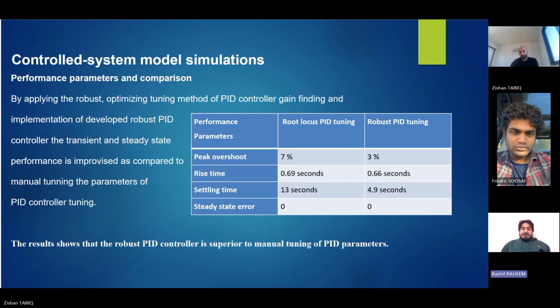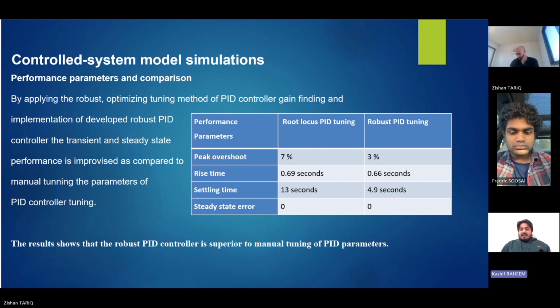Here we have compared manual control and auto tuning. The second column of the table shows the manual control, and the third column shows the auto tuning. You can see the peak overshoot, rise time, settling time, and steady state error.